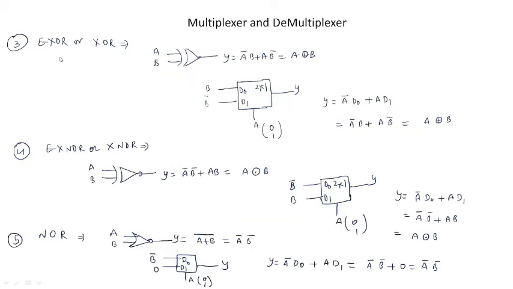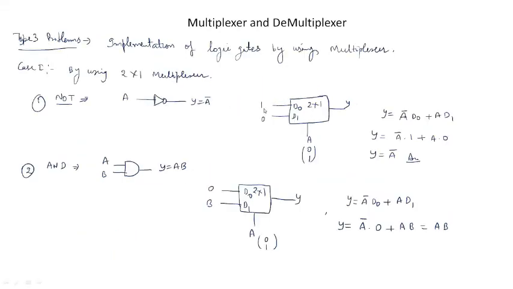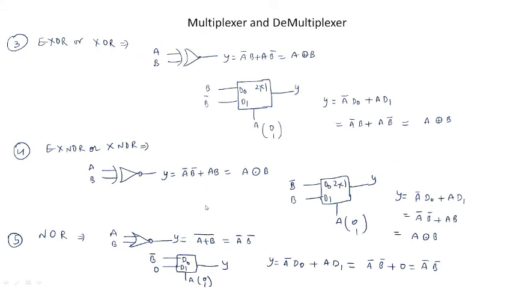Then next is the exclusive OR gate. If A, B are the inputs of the exclusive OR gate, then our output will be A bar B plus A B bar. So for a 2 by 1 multiplexer, we will have the inputs B and B bar. Now see here, your first input was 1 0, then 0 B, then B and B bar.